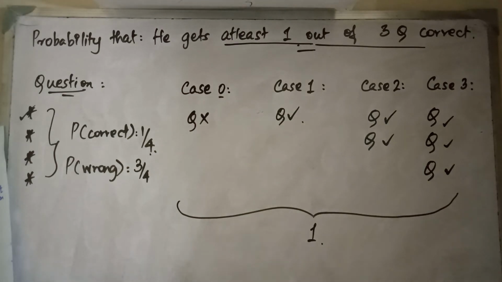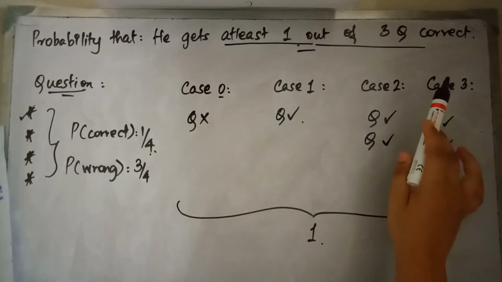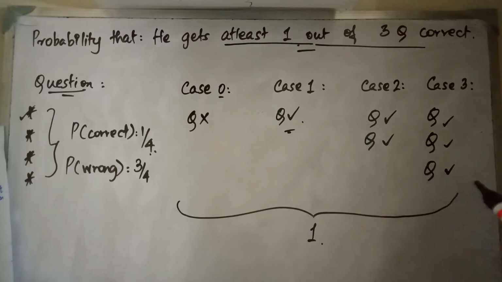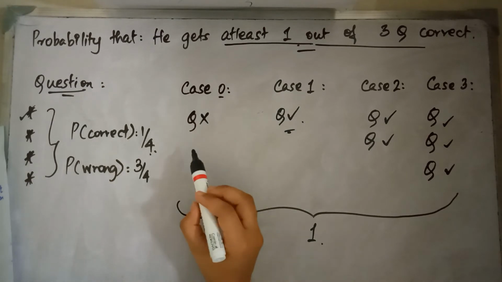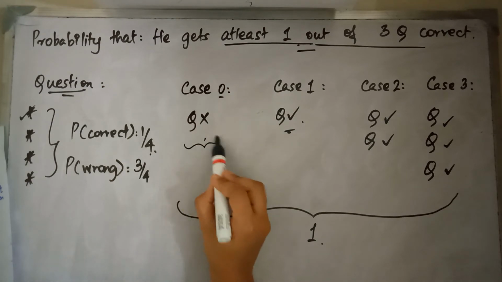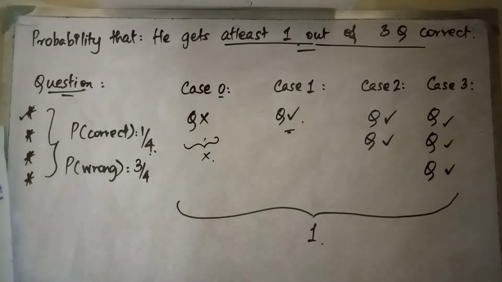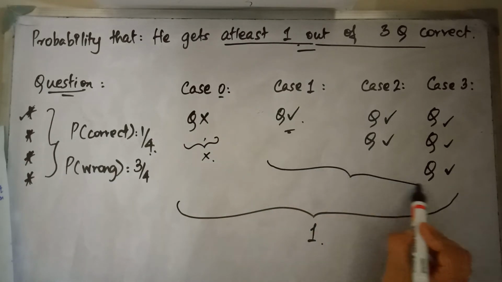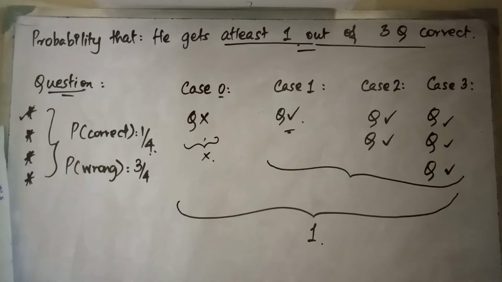So at least 1 out of 3 questions correct means it could be 1 or it could be 2 or it could be 3. It has to be 1 or greater than that. So the only case which will not happen will be this case. This must not happen. So we have to find out the probability of any of these 3 cases happening.